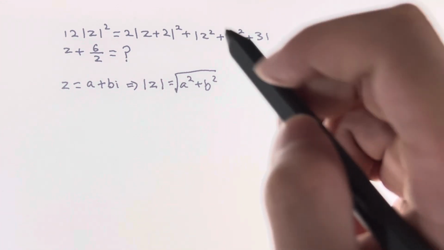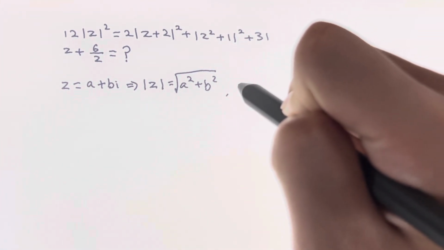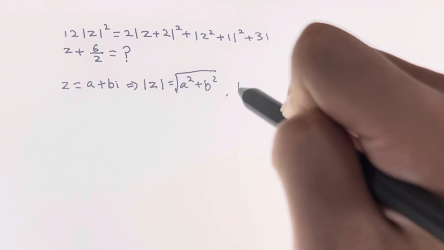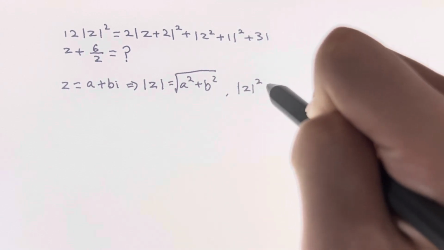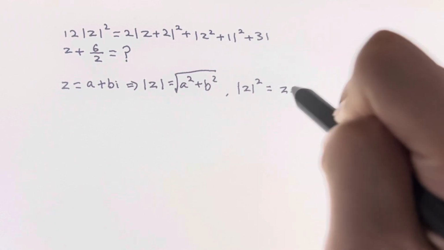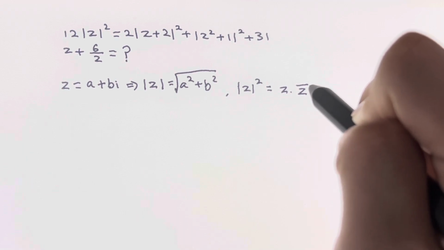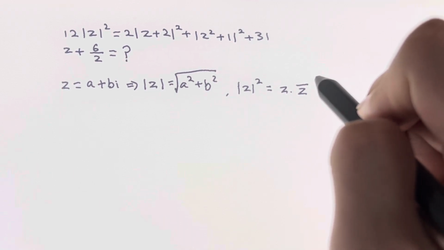And we also know that the modulus squared equals the product of z times the complex conjugate of z, which would be a minus bi.